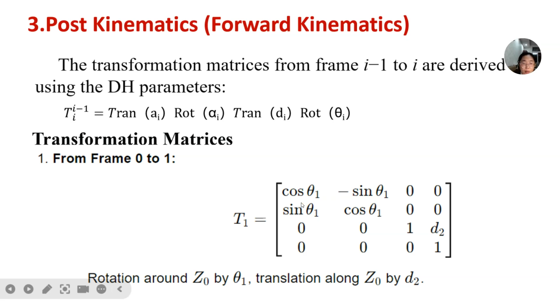This matrix is a rotation around z0 by theta 1 and translation along z0 by d2.